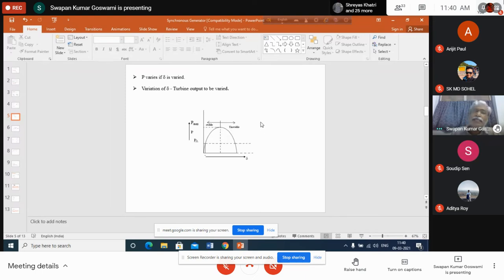If this happens, then this maximum permissible point, the 90-degree value, may be exceeded by the generator rotor, but that is only during the dynamic situation, during the movement. But during steady state, the stable value of delta cannot cross 90 degrees. It will be at most equal to 90 degrees.